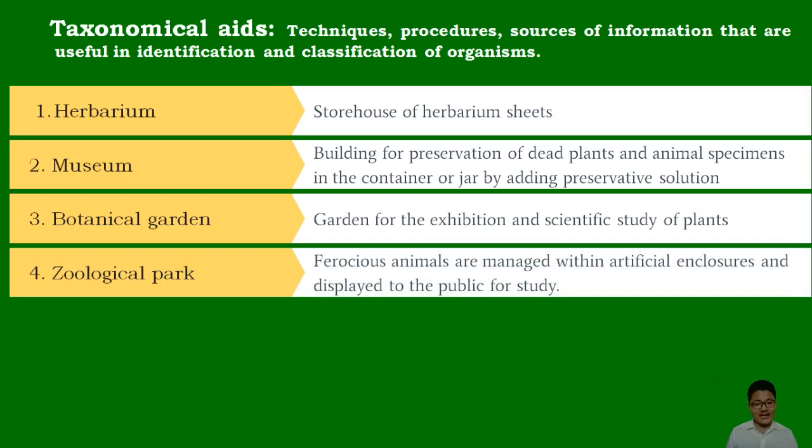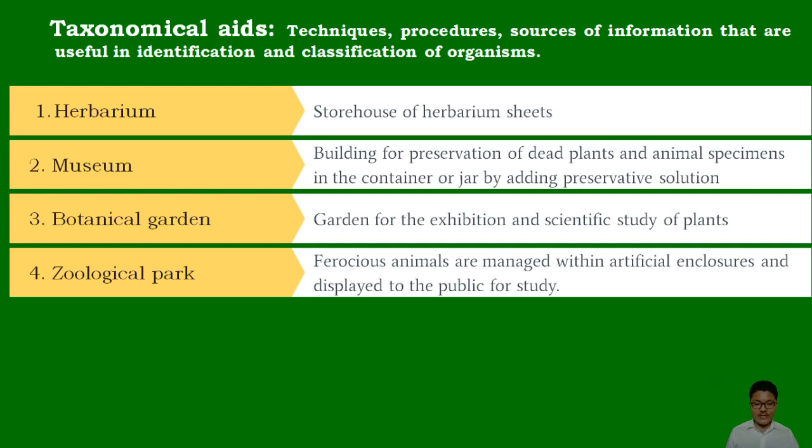And zoological parks here are usually enclosed. These usually have animals, mostly wild animals, which are kept inside cages or artificial houses for display to the public. For scientists, for scholars, for students, these are for study.